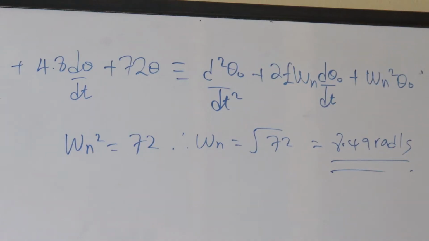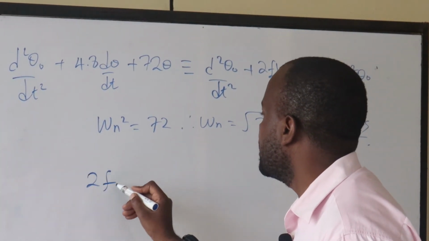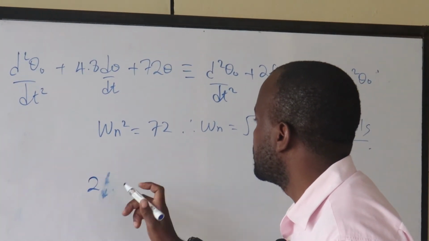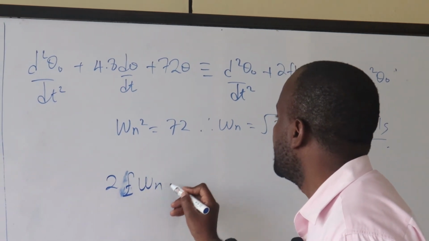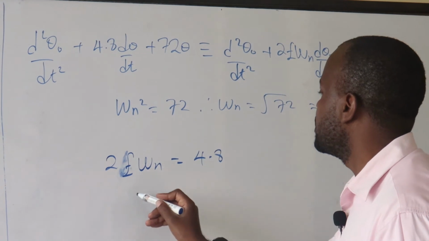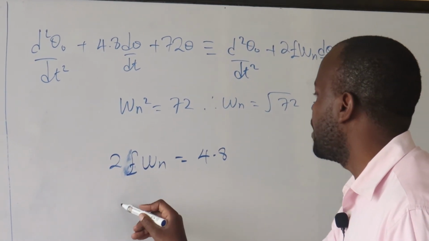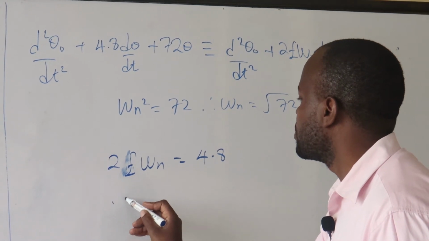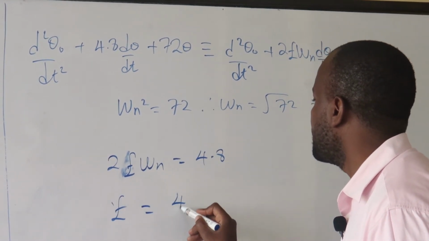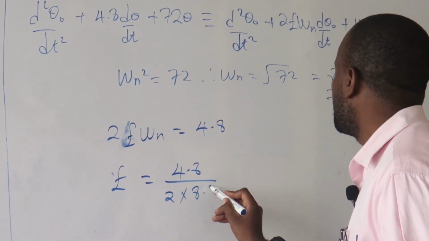So from there, we can use the second part, that is, 2 zeta omega n should be equal to 4.8. Omega n we know, so zeta will be equal to 4.8 divided by 2 times 8.49.